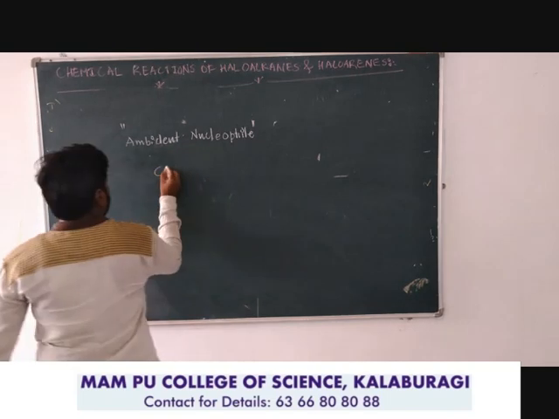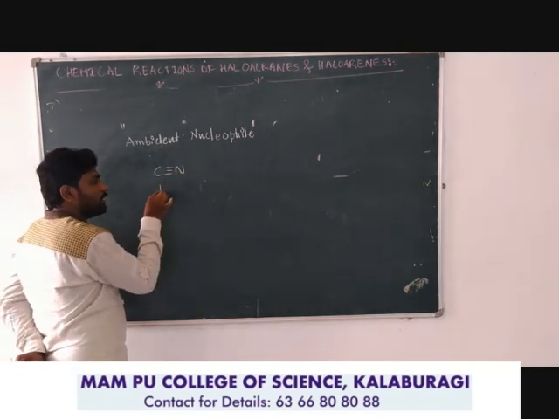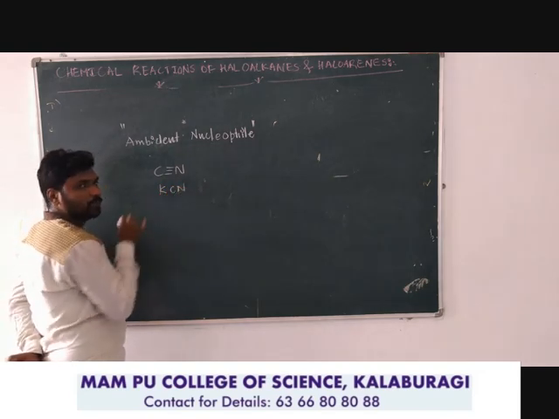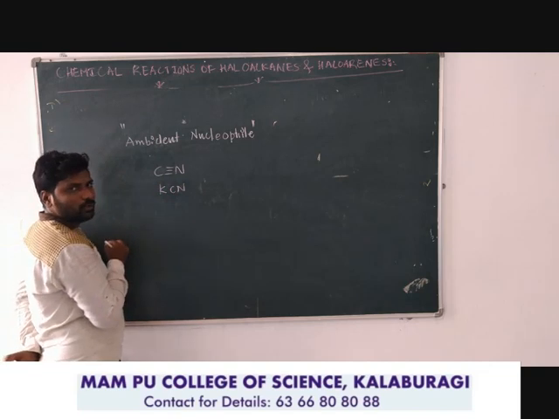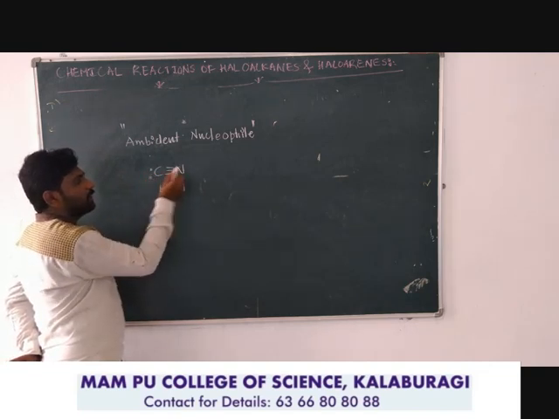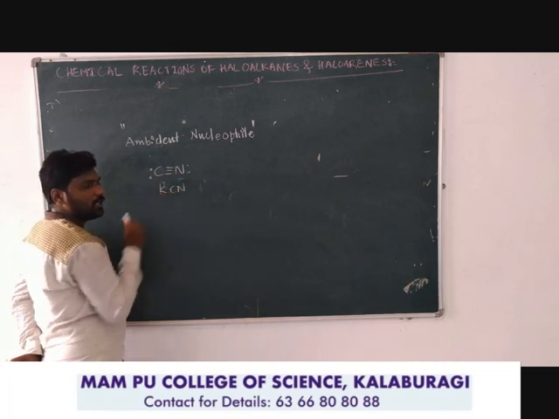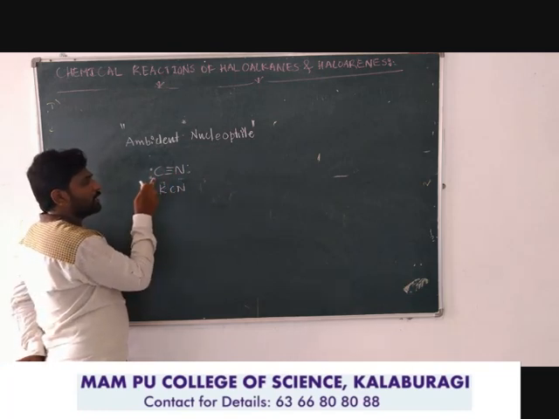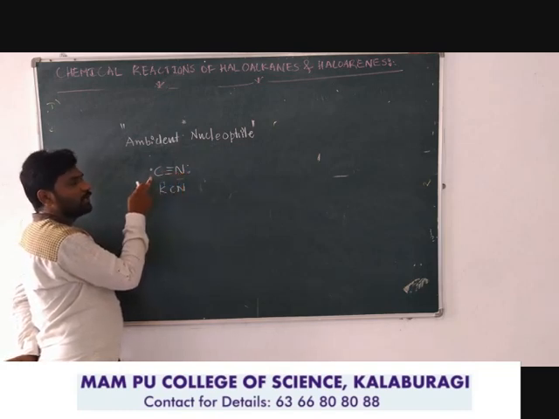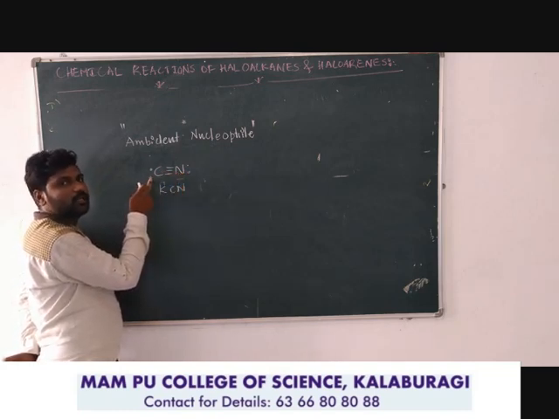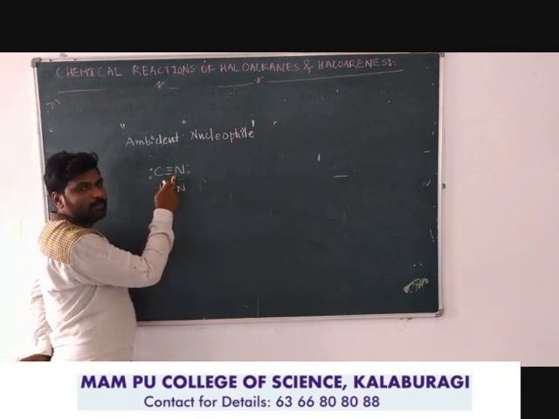For example, cyanide, in the form of potassium cyanide, has two nucleophilic centers, either carbon or nitrogen. Because it is highly ionic in nature, it may attack through either carbon or nitrogen. If it attacks through the carbon, the cyanide product, alkyl cyanide, is formed. If it attacks through the nitrogen, the isocyanide product is formed.